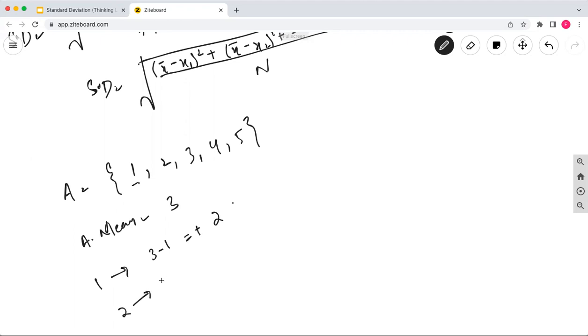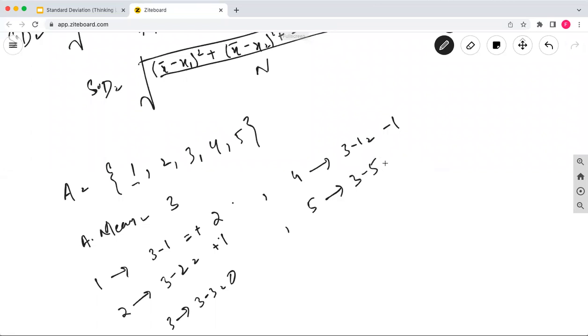2 is how much below? 2 is 1 value below. 3 is at the mean. 4 is 1 above, and 5 is 2 above. It doesn't matter whether I consider this negative or positive, because in actuality we are taking the squares of each value.